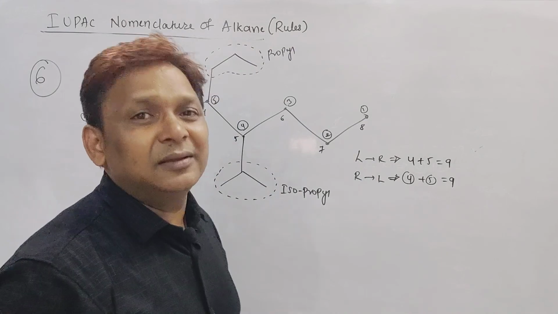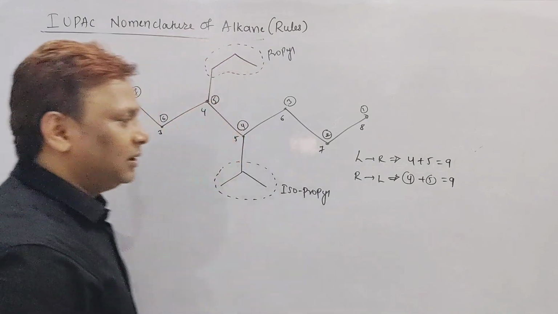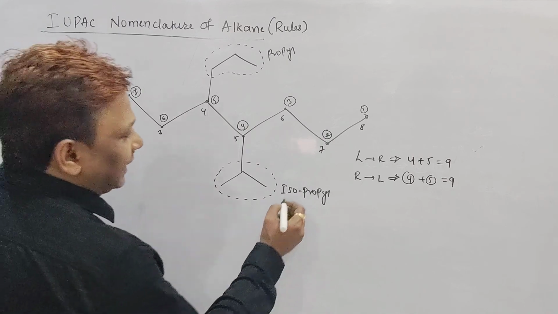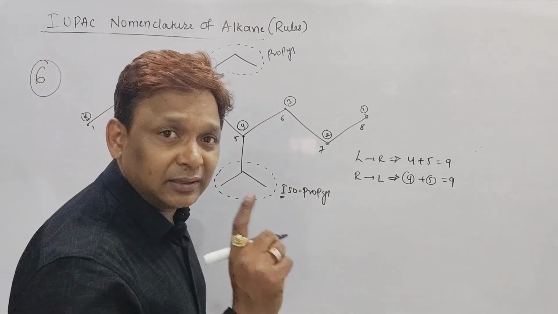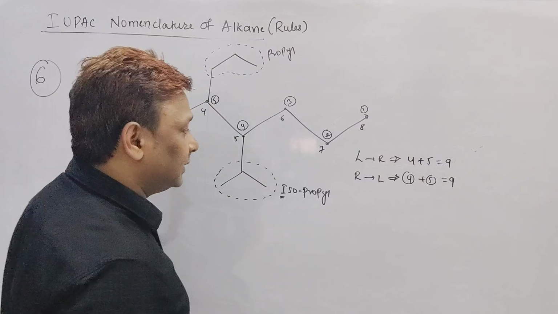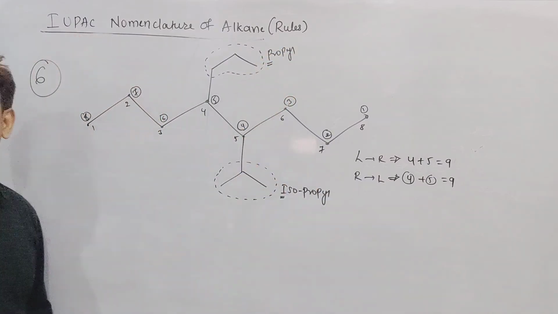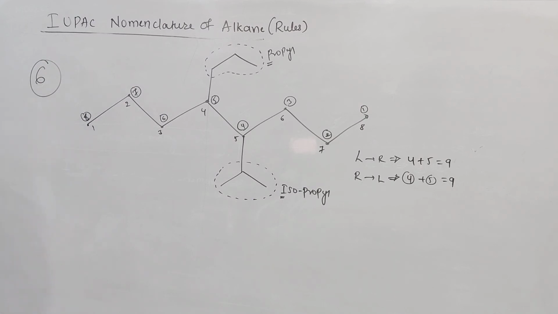Sir, which is correct? Follow the alphabetical order. But what is the alphabetical order? Check it here. Iso, the I is included in the alphabetical order. Propyl, the P is also included in the alphabetical order. That means which numbering is correct, sir? But should I come first or P come first?